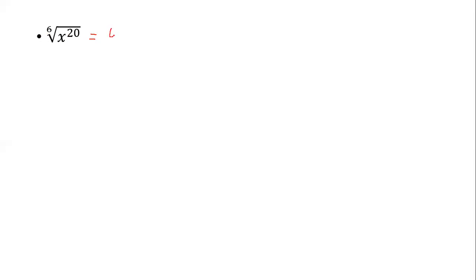Again, we are going to separate x raised to 20 into factors such that one factor has an exponent which is equivalent to a multiple of the index. So what is the closest exponent derived from 20 na multiple din po ng 6?